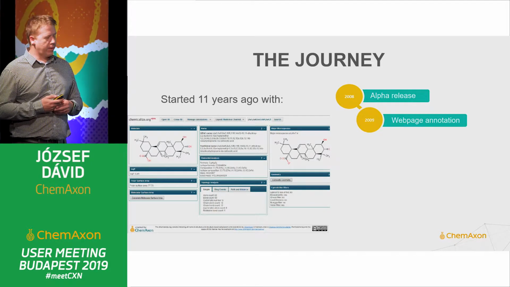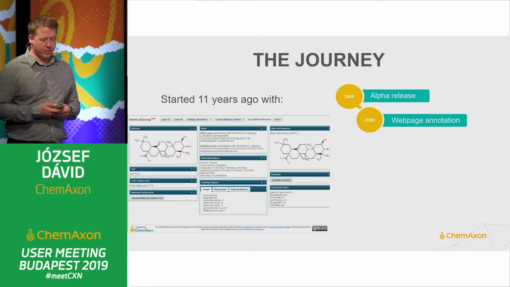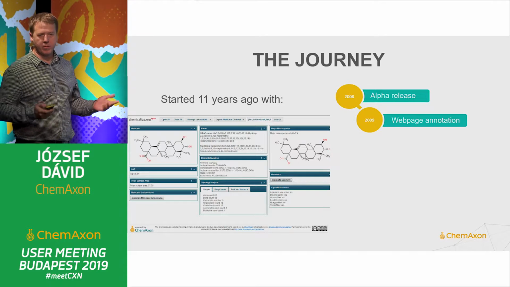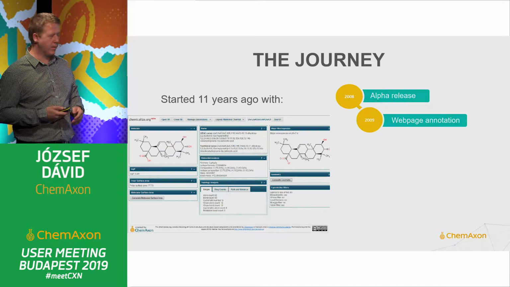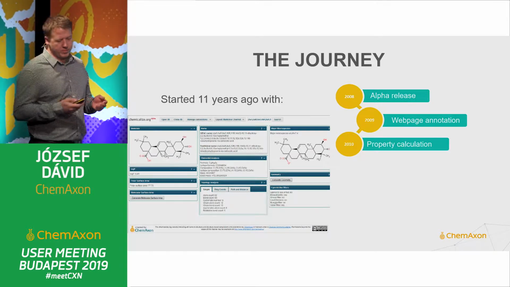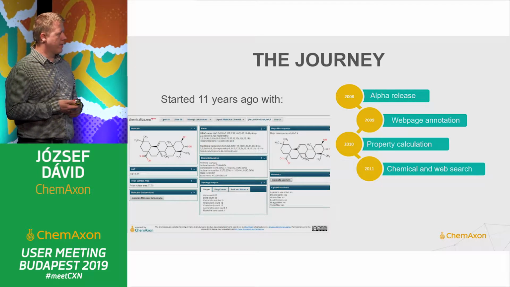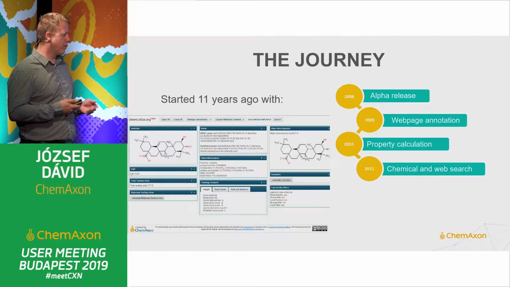Then one year later, a new feature was added to the application, which was web page annotation. It means you have a public web page on the internet, and we could annotate the chemistry within this application. And there were other ideas like chemical property calculations, and the search tools we have in ChemAxon were also integrated.